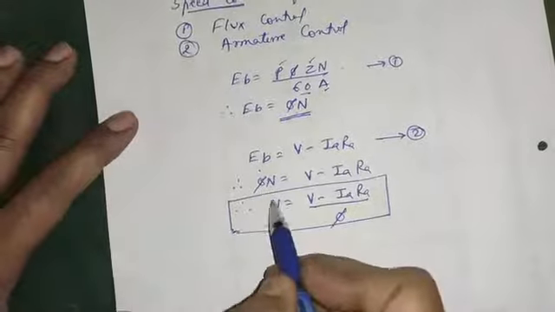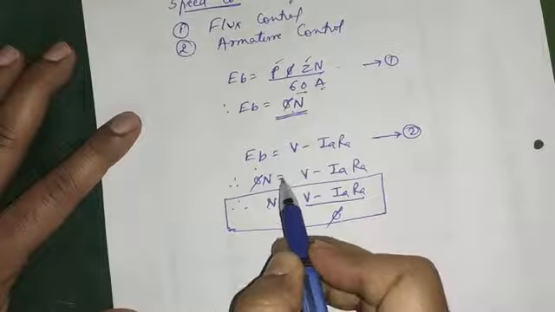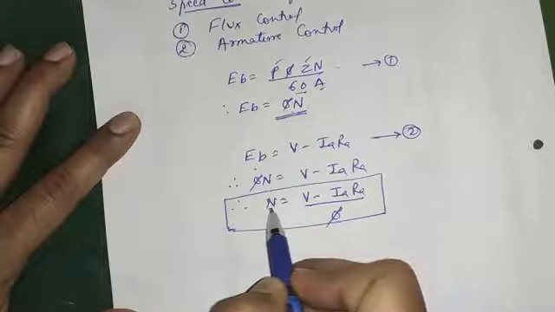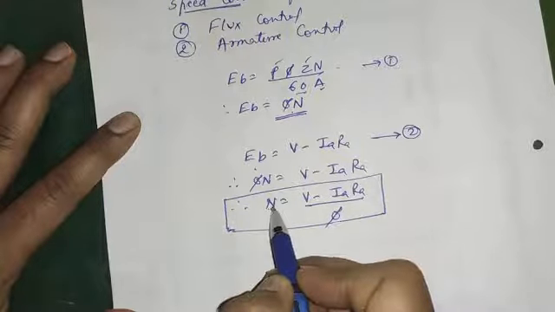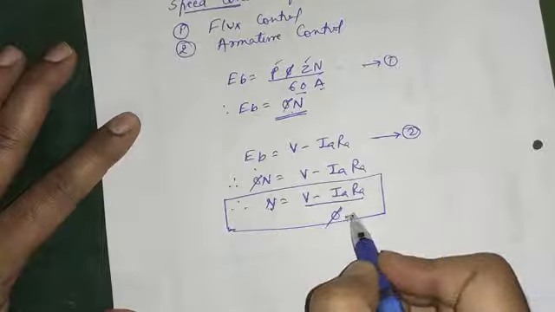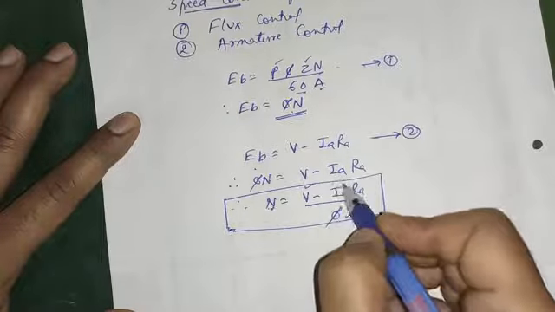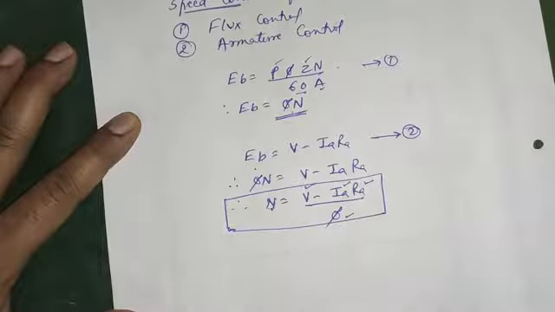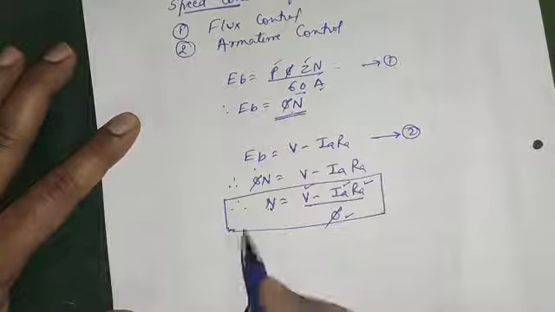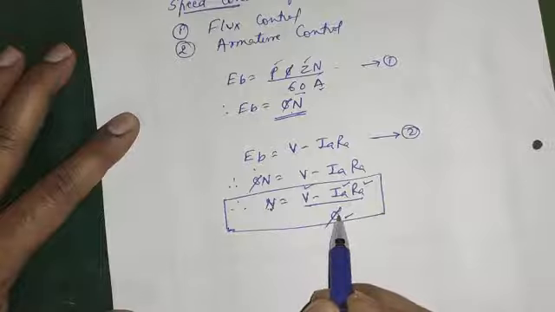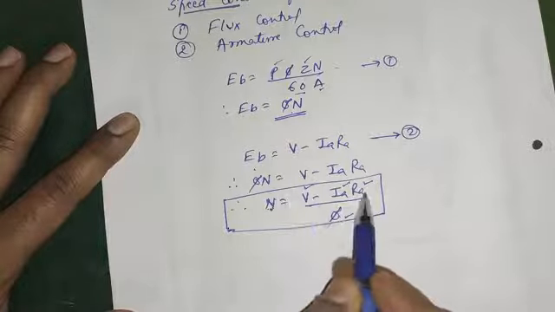From this equation we can say that we can change the speed, that is n. We can increase or decrease the speed of the motor by changing the flux, by changing the terminal voltage, and by changing the armature current and armature resistance. n is inversely proportional to phi, and n is inversely proportional to IaRa.